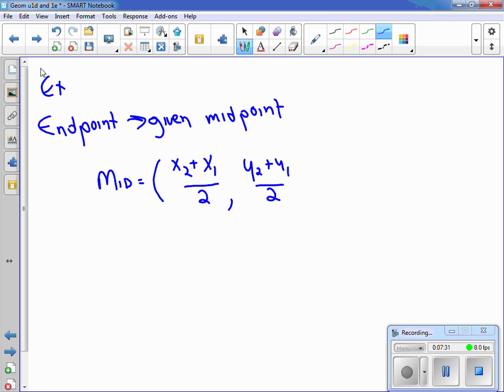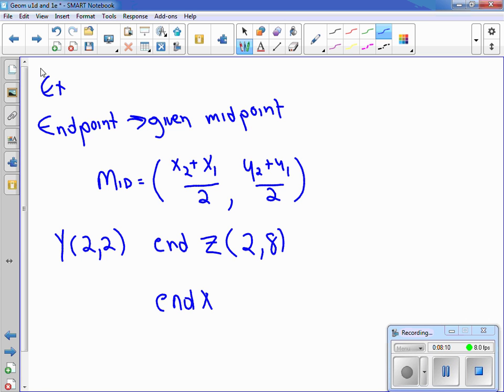So let's say we're given that the coordinate of the midpoint, y, is 2, 2. And we have an endpoint that they gave us, endpoint z, which is 2, 8. What we want to do is find the other endpoint x, to find its coordinates.